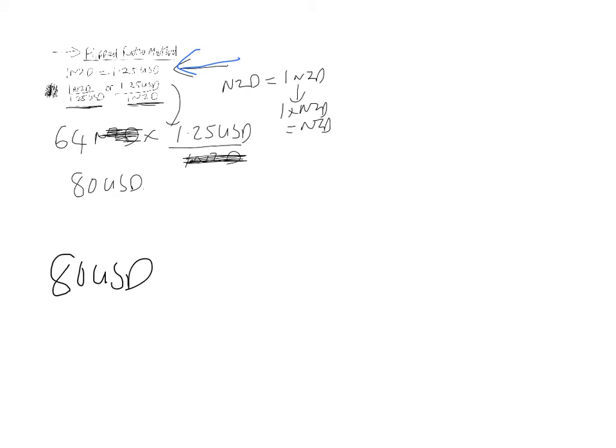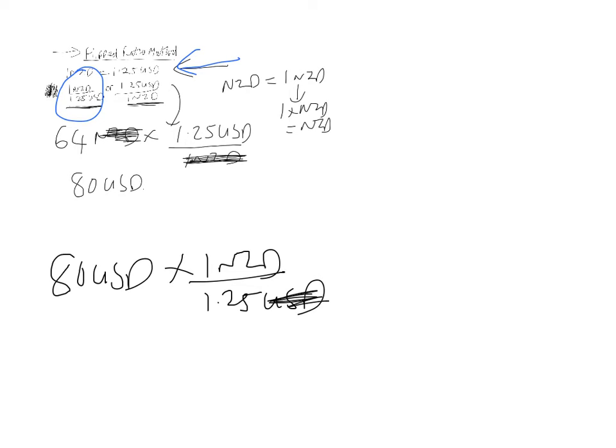Well, again, you've got to go back to your ratios, and this time you'll choose this one here, won't you? So we'll just write it up. So it's times 1 New Zealand dollar over 1.25 US dollars.